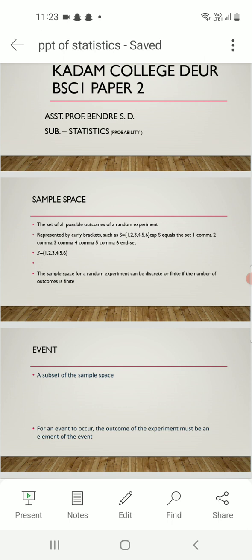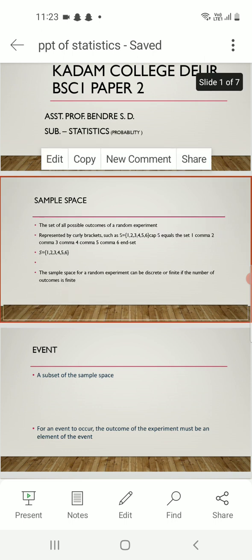The sample space means what? The set of all possible outcomes of a random experiment is called the sample space. All possible outcomes means all possible results. Then, for example, tossing a die.